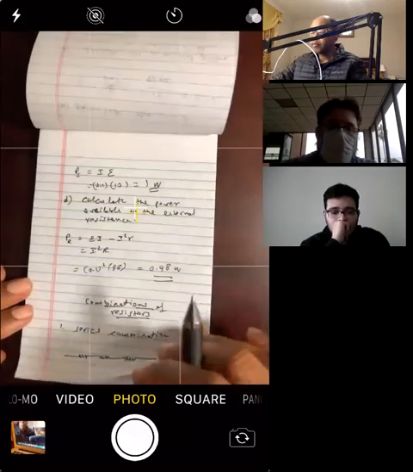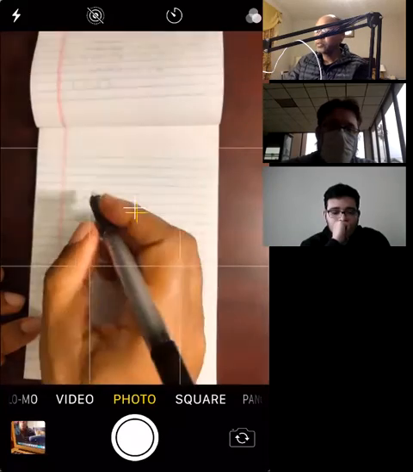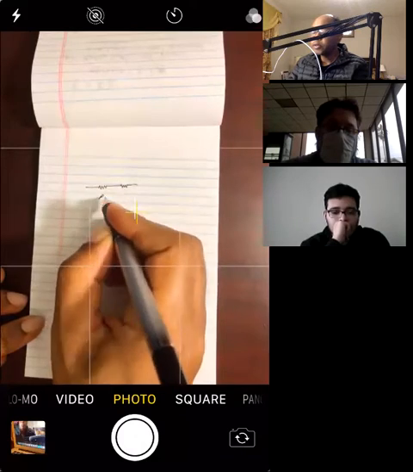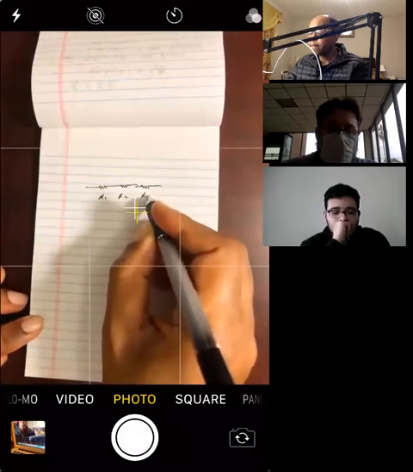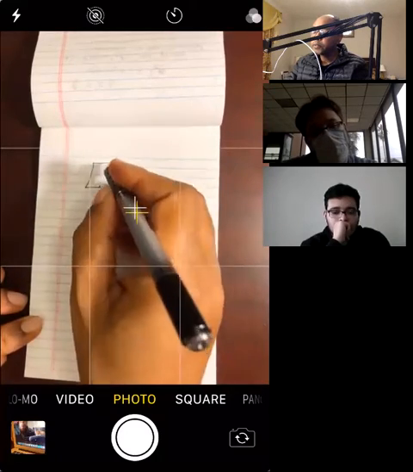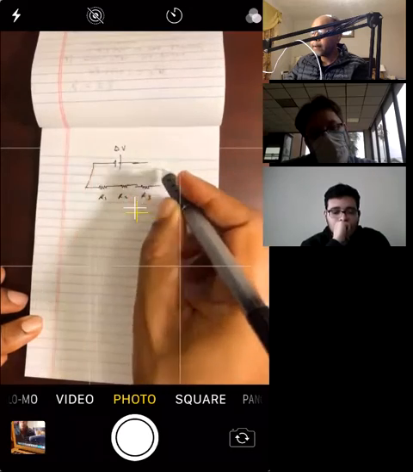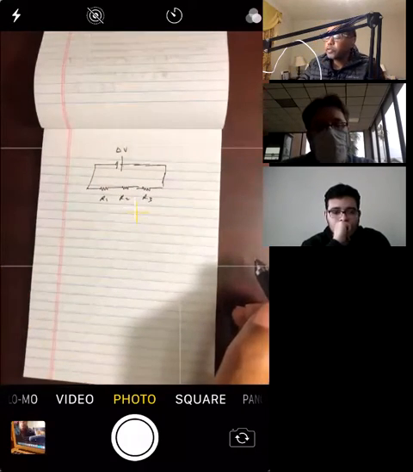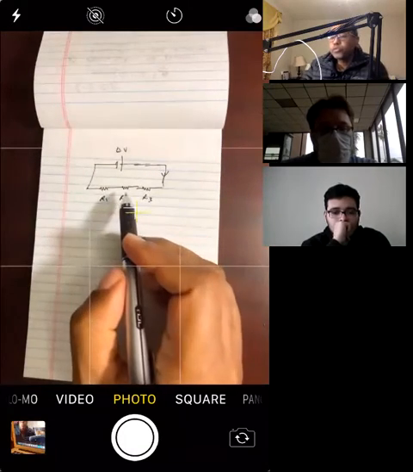Now let me put the other page. So suppose let's say we have these three resistors, R1, R2, R3, okay? And they're connected to, let's say, potential difference delta V over here, okay? Now let's look at the defining properties of this kind of combination. What can you say about the current through each resistor?